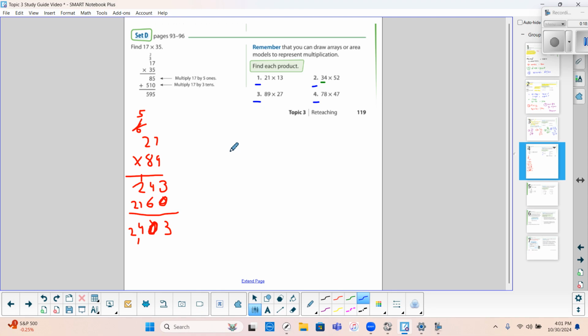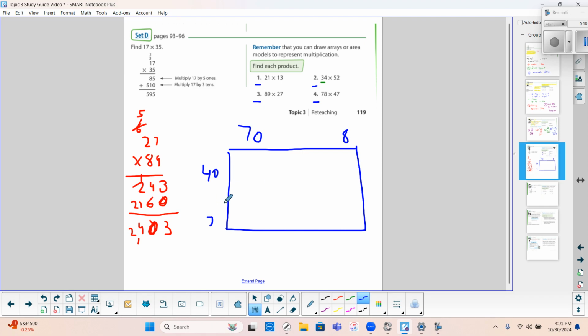And then I'm going to do 78 times 47. I'm going to use an array for that. So 78 would be 70 plus 8. 47 is going to be 40 and 7. When I do it this way, what do I get?